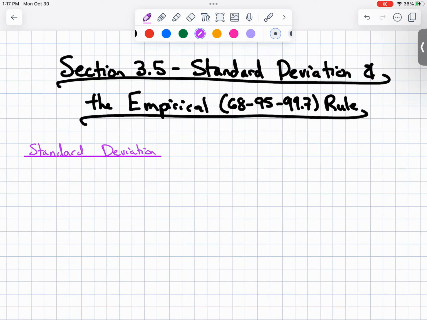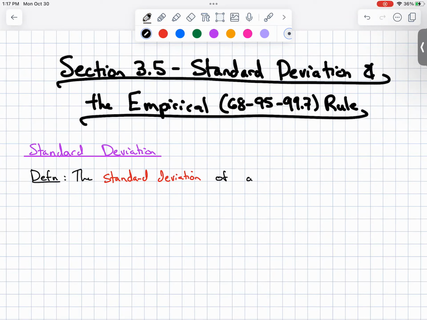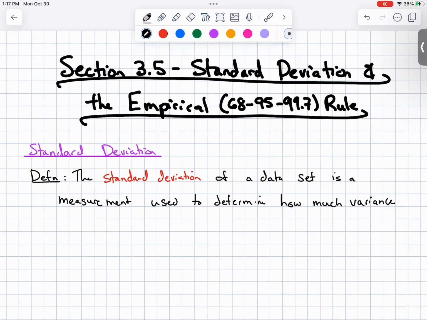So the standard definition. The standard deviation of a data set is a measurement used to determine how much variance a data set has in relation to its mean average.